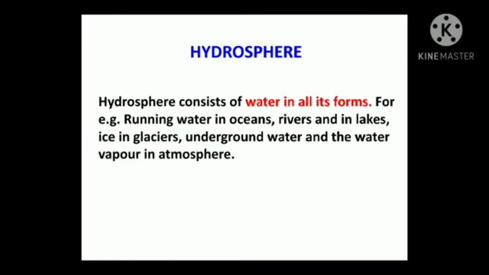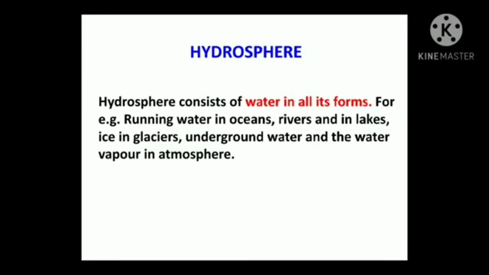That means the hydrosphere consists of water in all its forms. For example, running water in oceans, rivers and lakes, ice in glaciers, underground water and water vapor in the atmosphere. All these are part of the hydrosphere.